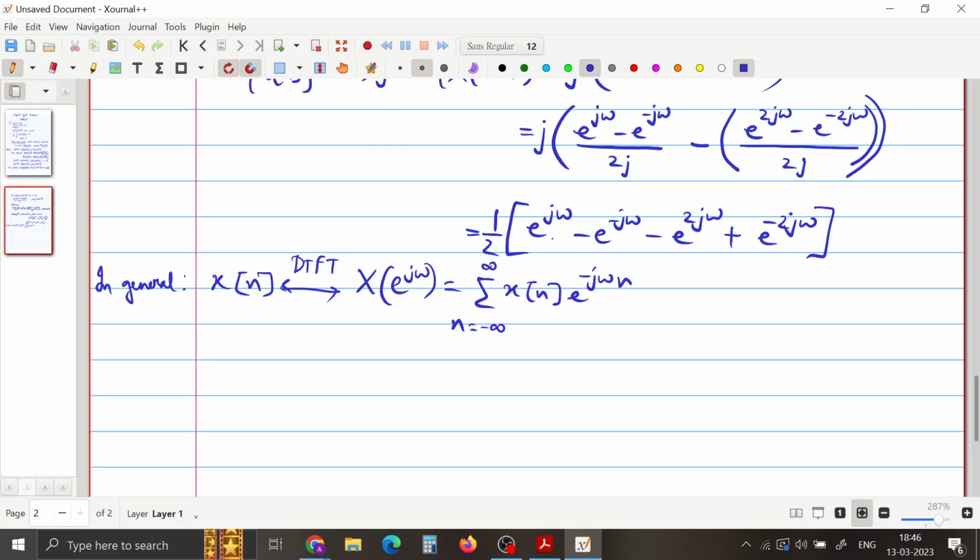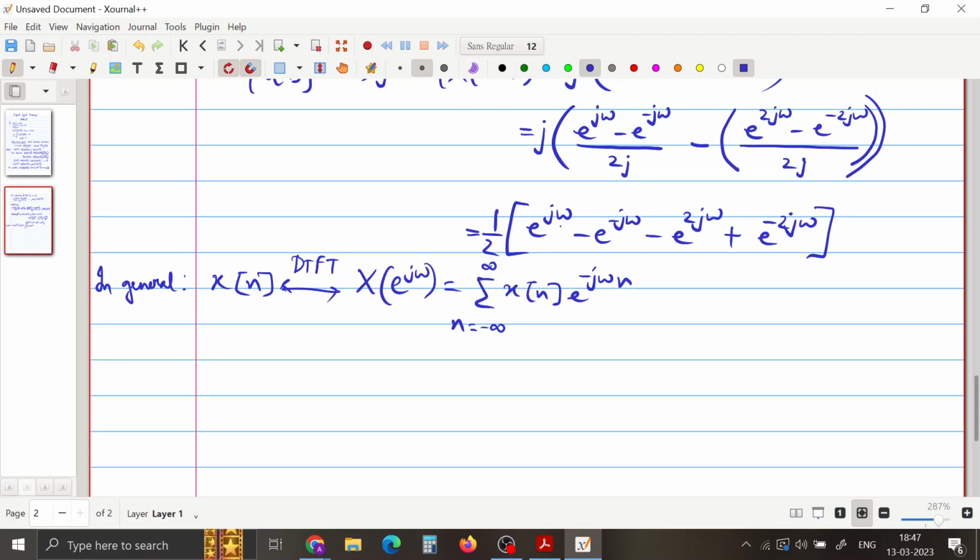So the first term corresponds to n equals minus 1. The second term corresponds to the sample value at n equals 1. The third term corresponds to n equals minus 2, and the last term corresponds to n equals 2. So actually x of n has only 4 samples. That's the takeaway.